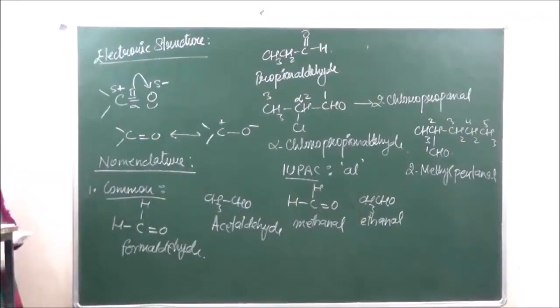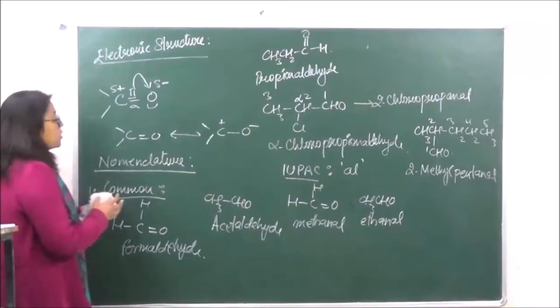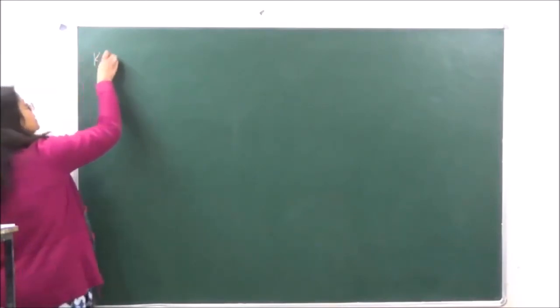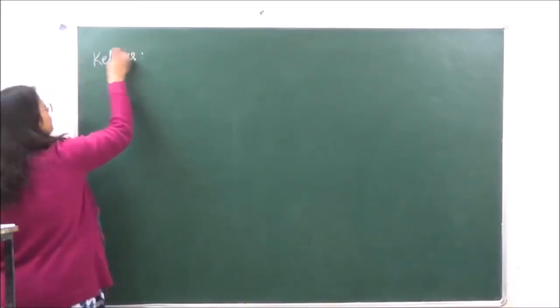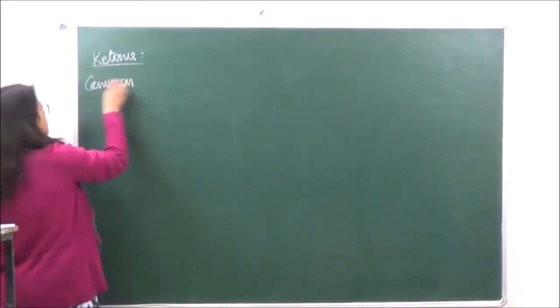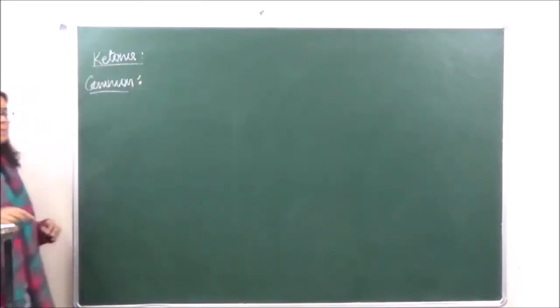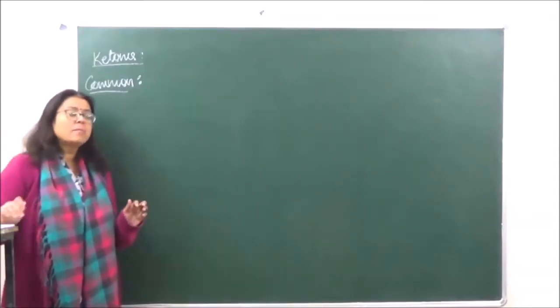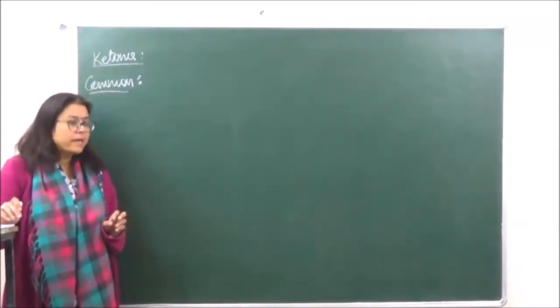Let's go on to the nomenclature of ketones. When we are going to name the ketones, let's name them first according to the common system. According to the common system, the ketones are named according to the alkyl groups which are present.